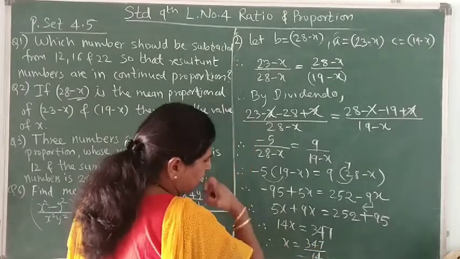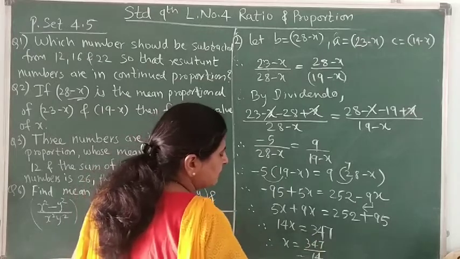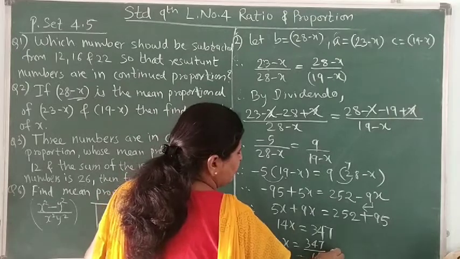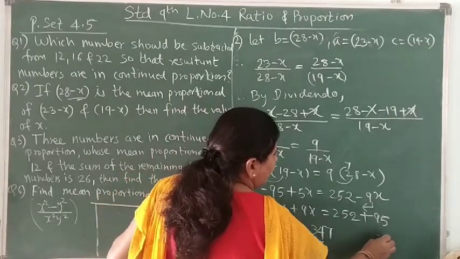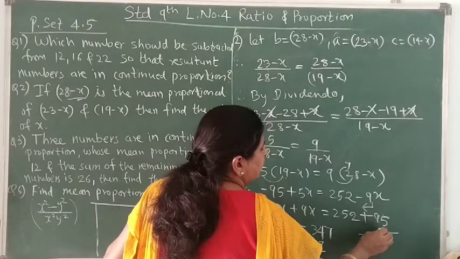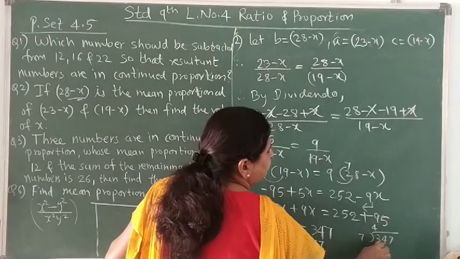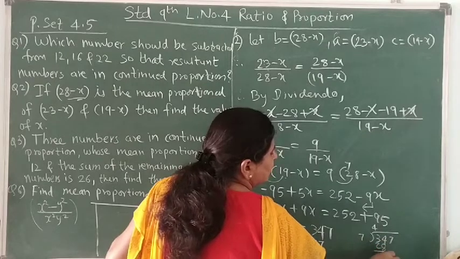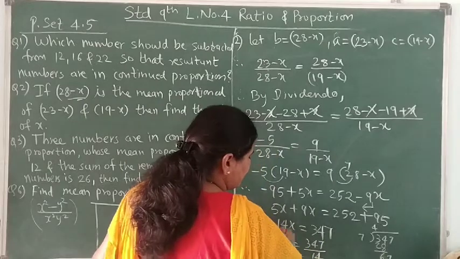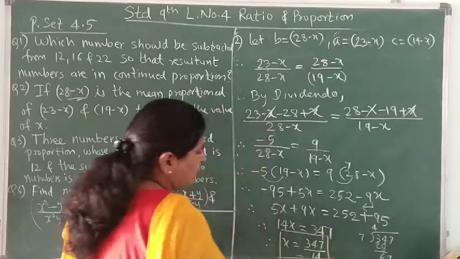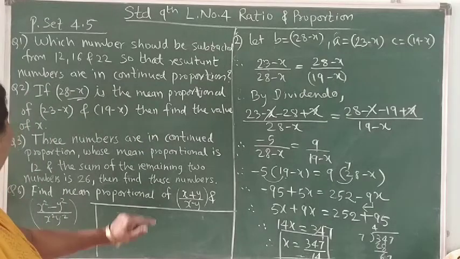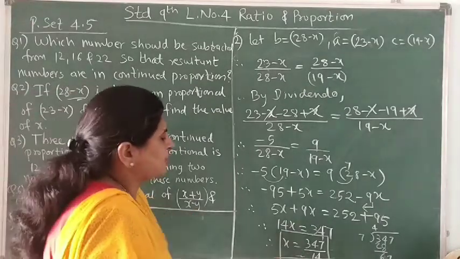Let's check if it is divisible by 7, because this is not divisible by 2. 7 2s are 14, 7 347. If you divide by 7, 4 7s are 28, 6 remains. This is not divisible, so you have to keep it as it is. Okay, so 347 upon 14. So this is the value of x, a fraction we have got.